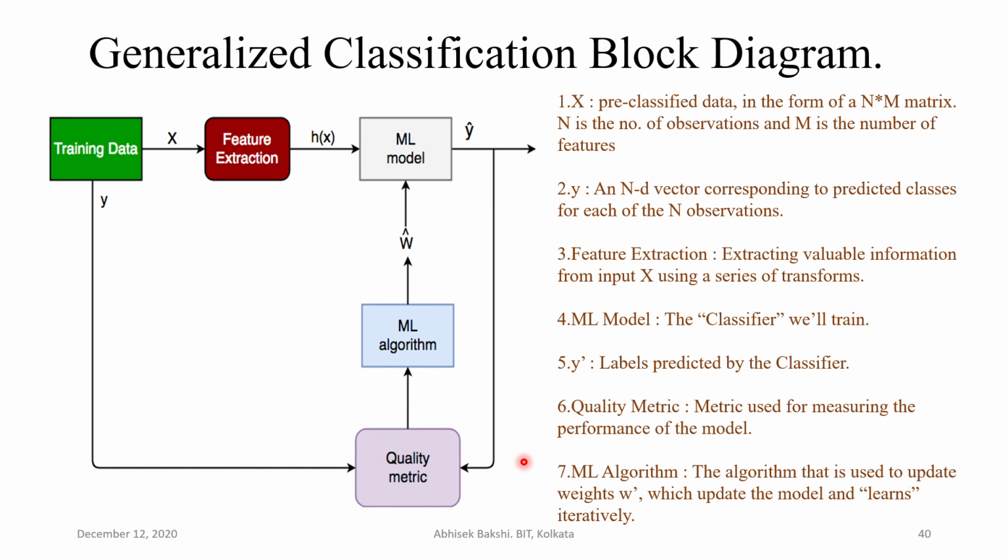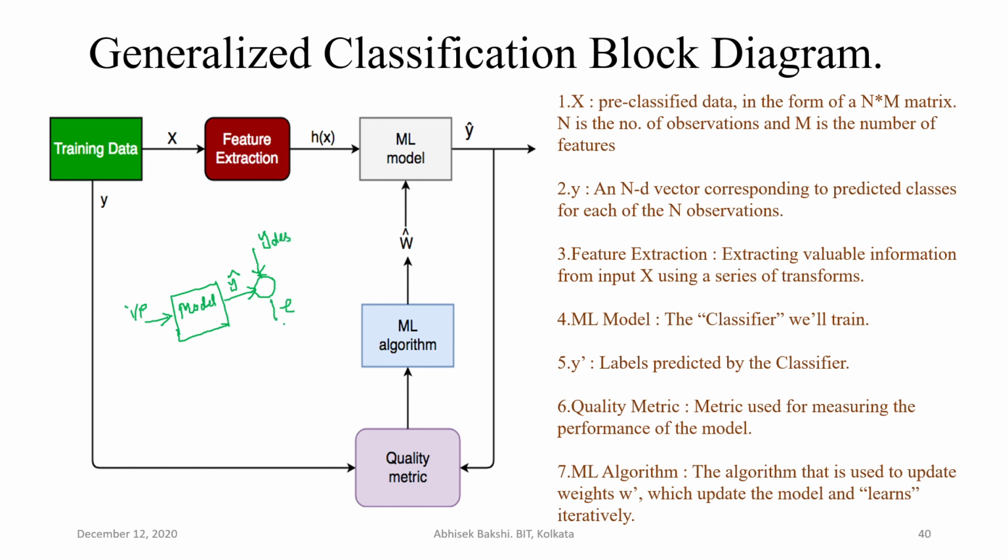You can assume that we have a feedback path, something like this: this is some model, this is the input, and it produces some output y hat. We know what the actual desired output is.